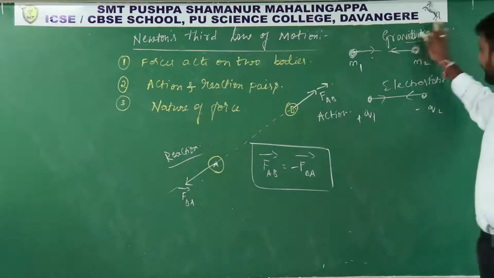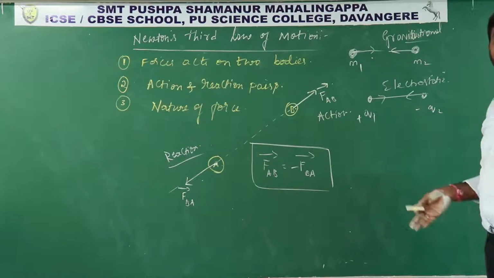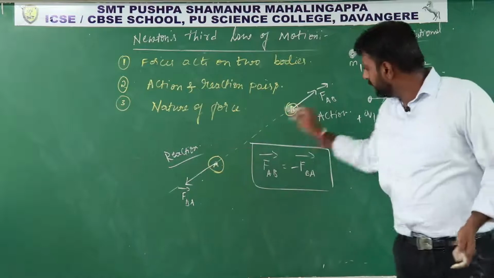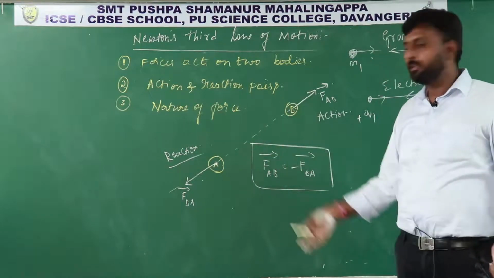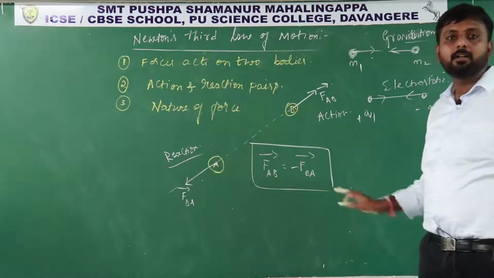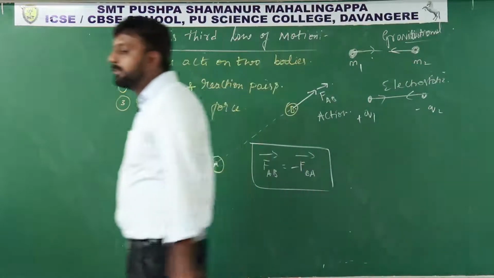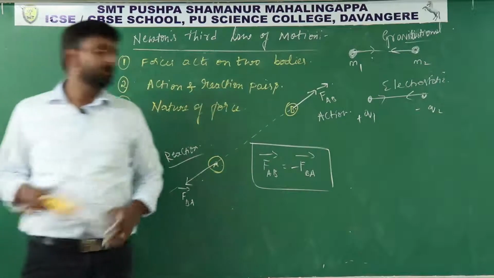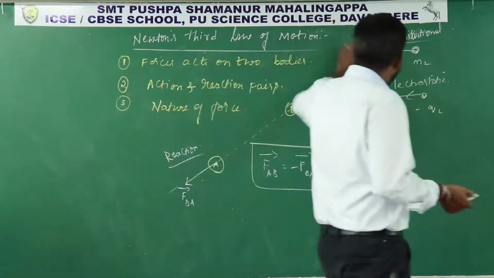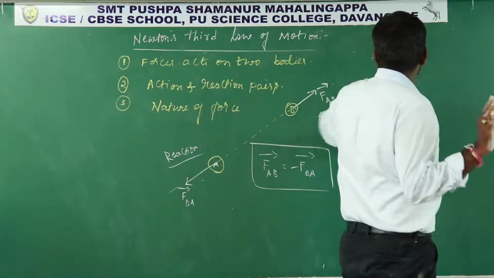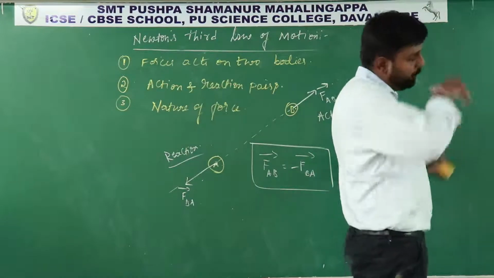It should be the same nature. If this body applies gravitational force, this body also applies gravitational force, then we can say the nature is the same, and it forms an action reaction pair. So the nature should be the same. This is about Newton's third law of motion.